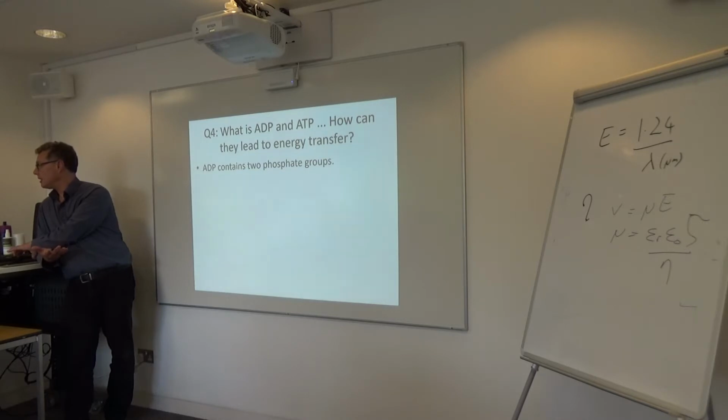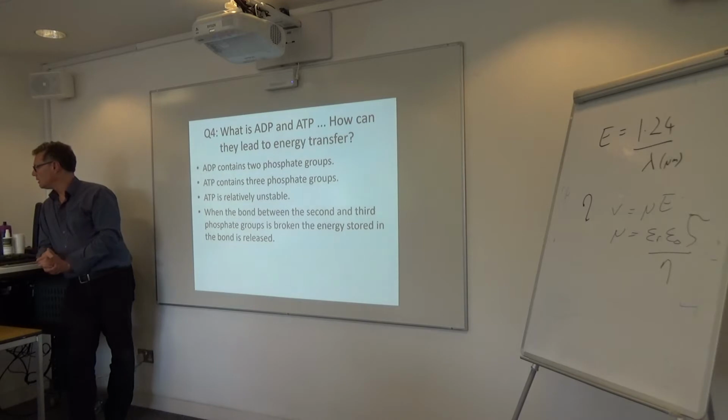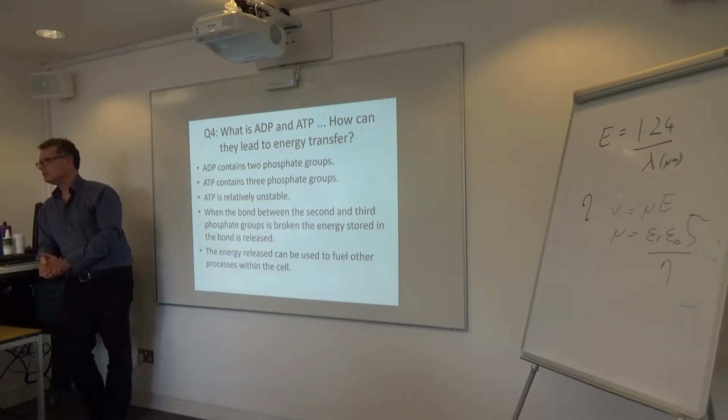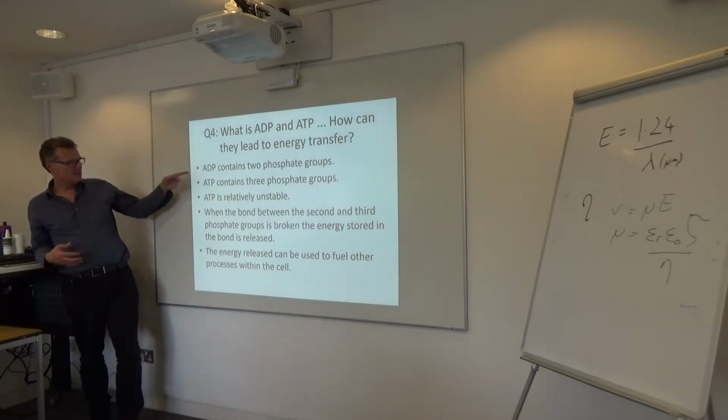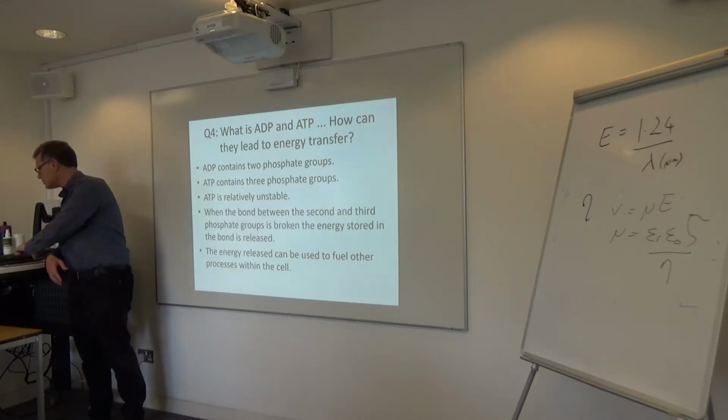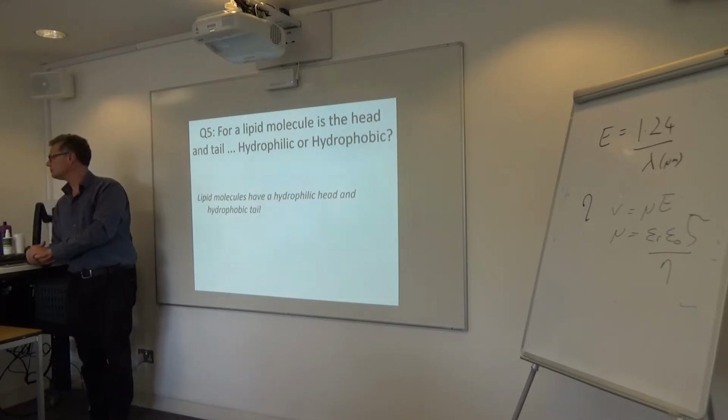The D, the diode as it were, has the 2, and the T, for the triode, has the 3. Although they can go both ways, ATP tends to be the more unstable one, and when the bond is broken, the energy is released, which can then fuel the cell. So again, a little bit of stating the obvious there.